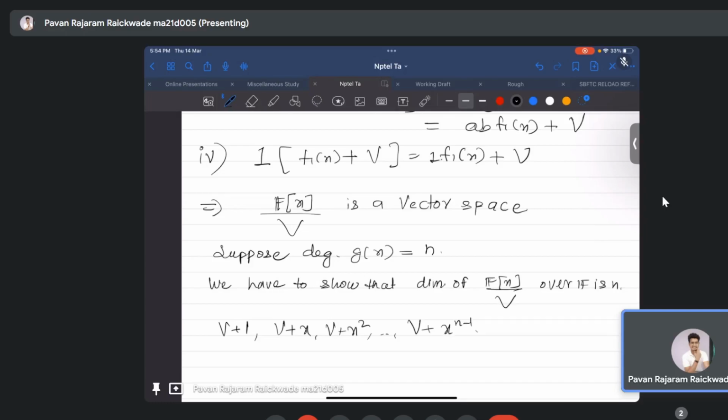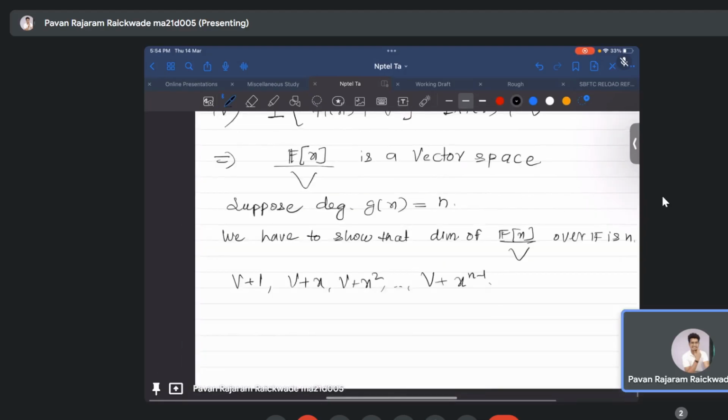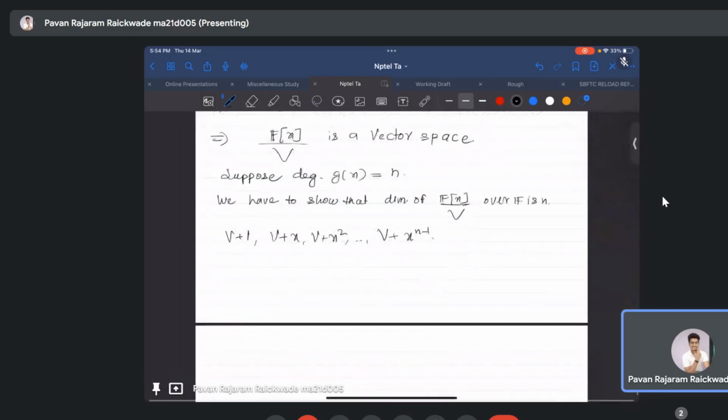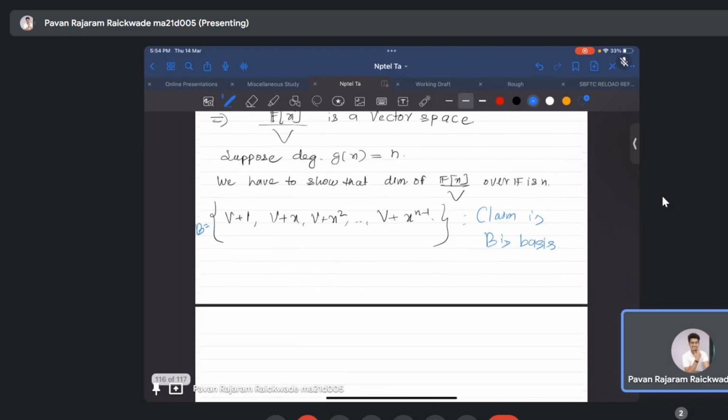What we are claiming is that this should form a basis of F[x] quotient V over F. If I call this set script B, then B is a basis. First of all, we show that this set is independent.